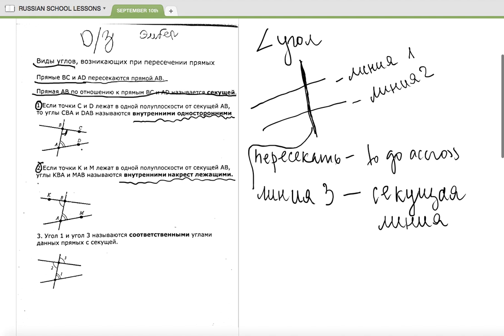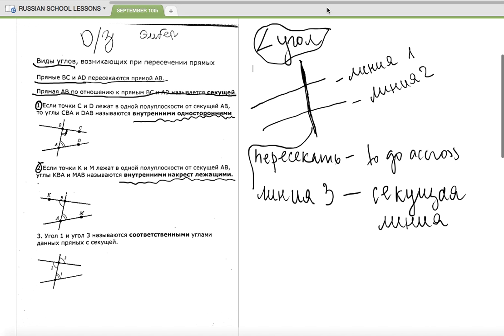And so the angles which are formed right here near A and near B, they're called внутренние односторонние. If they are two dots and they are on the other side of the crossing line, then they are called внутренние накрест лежащие. И это углы. Углы.